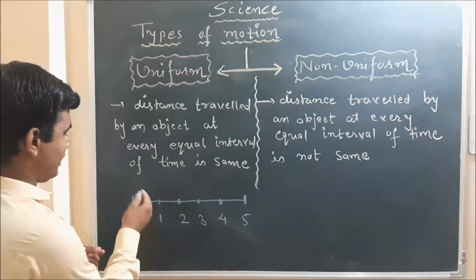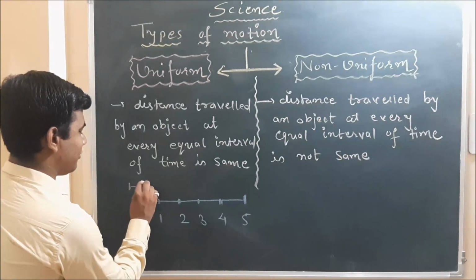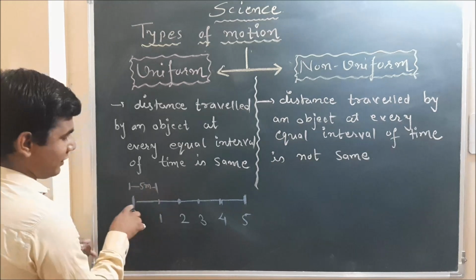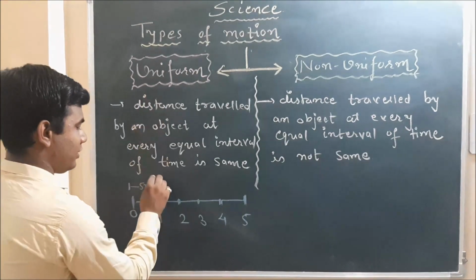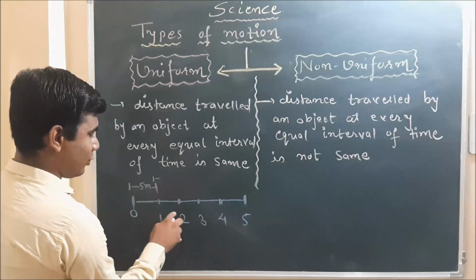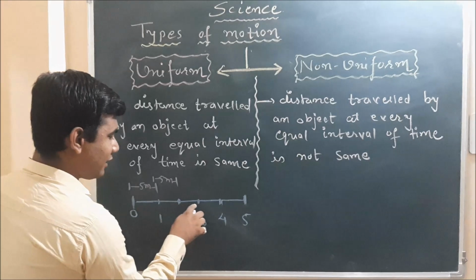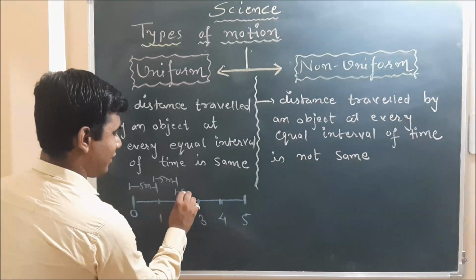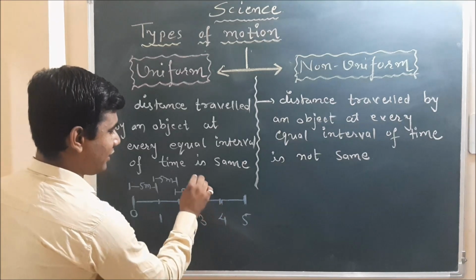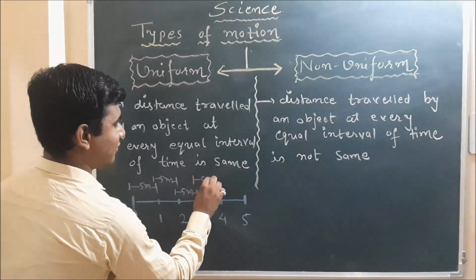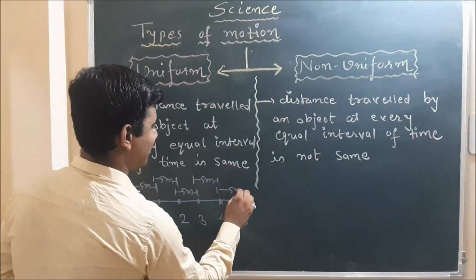If there is one object, it travels 5 meters in the first 1 second. If it is uniform motion, then in another 1 second it will travel 5 meters. In the third interval it will also travel 5 meters. In the fourth interval it will also travel 5 meters. In the fifth interval also it is going to travel 5 meters.